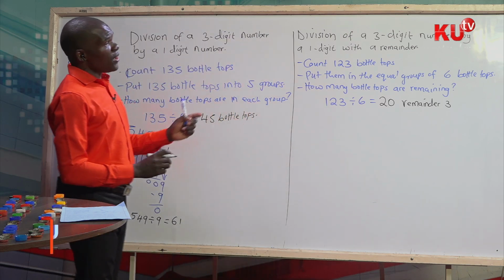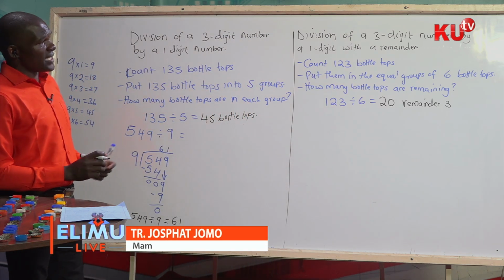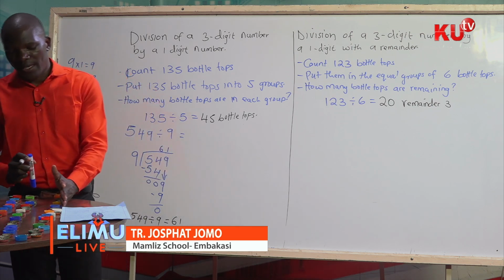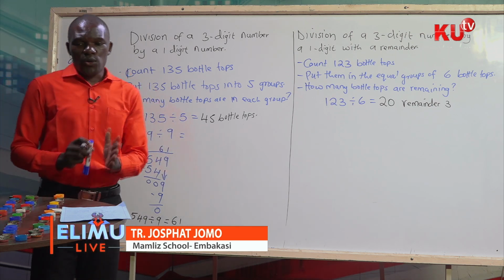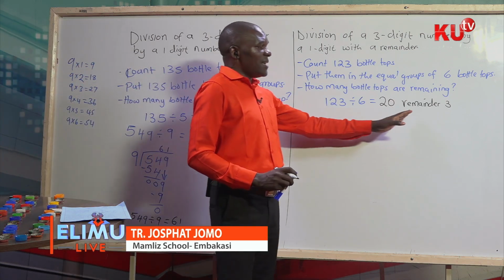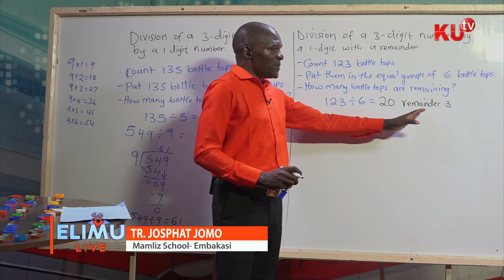And so, division of a 3-digit number by a 1-digit number with a remainder, you will realize that after placing your bottle tops in 6 equal groups, finally you will have 3 bottle tops remaining.